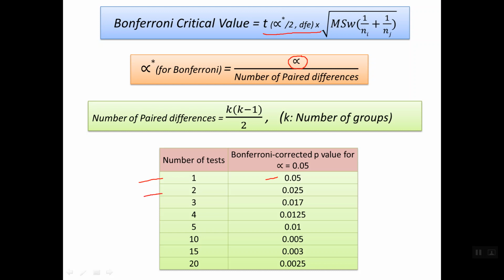While if we have two pairs or two differences, the corrected or adjusted alpha for Bonferroni is equal to 0.05 divided by 2, which is 0.025. As you see, as the number of pairs becomes more, the value of alpha star becomes less.